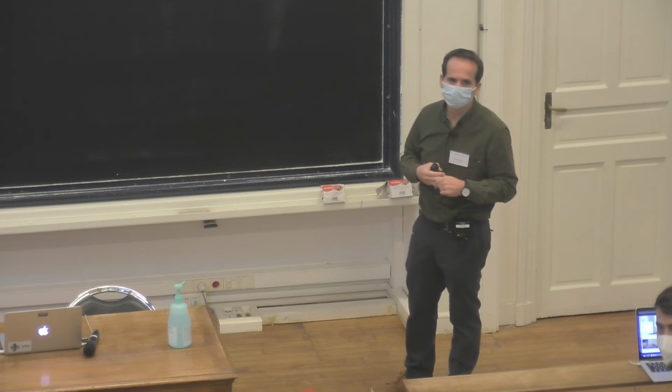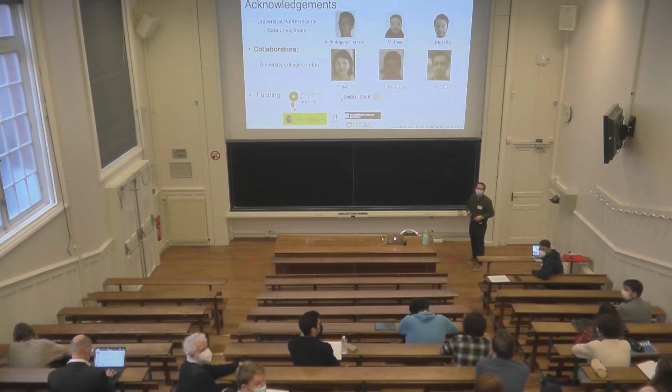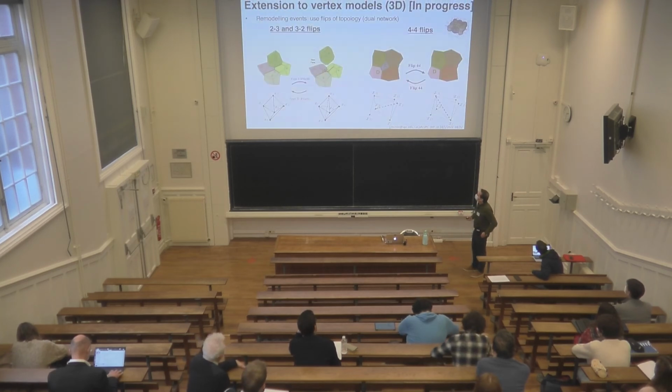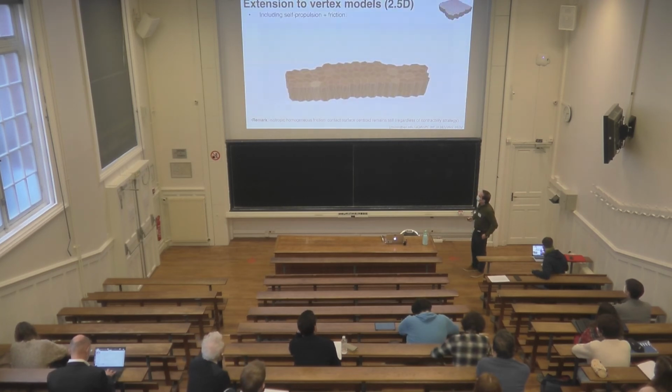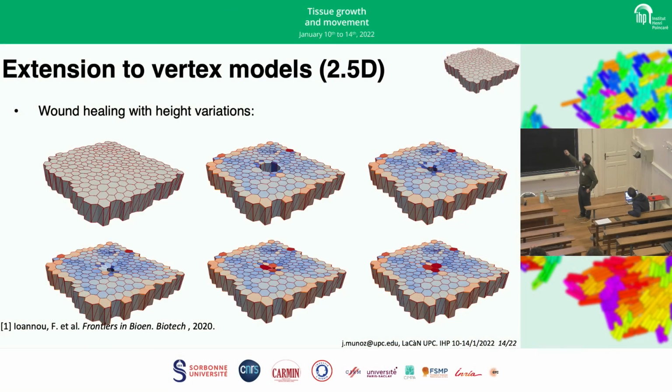Just in your wound healing models, what are the sources of the contraction in your model? So in the 2D model that I presented, we have a contractility on the top. For instance, the myosin concentration has been measured at the top and laterally, and both of them increase.